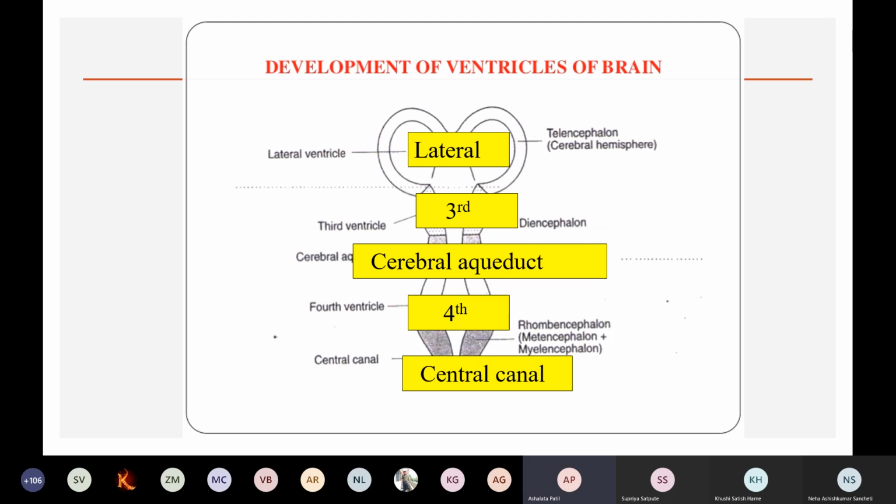The cavity of the spinal cord is called the central canal. At the terminal end, at L1, the central canal shows a dilatation called the terminal ventricle. So these are the cavities or ventricles of the brain.